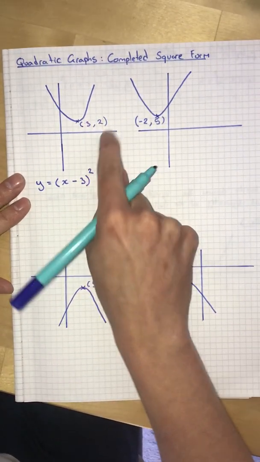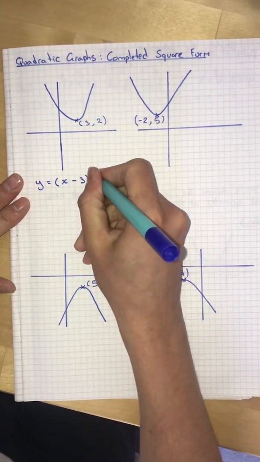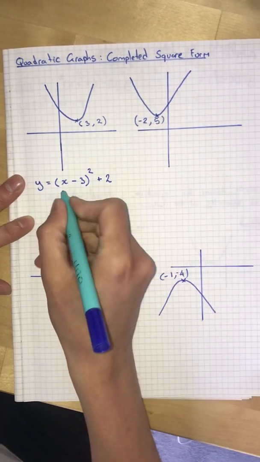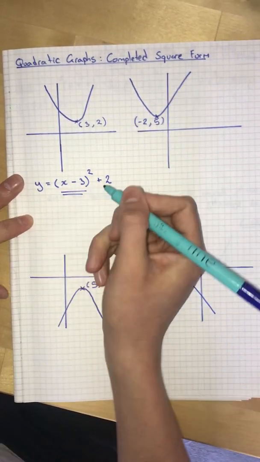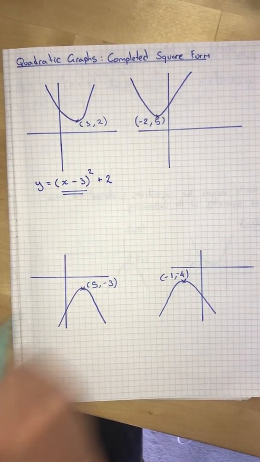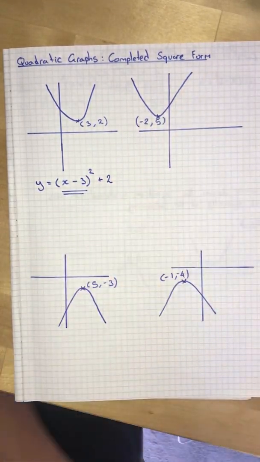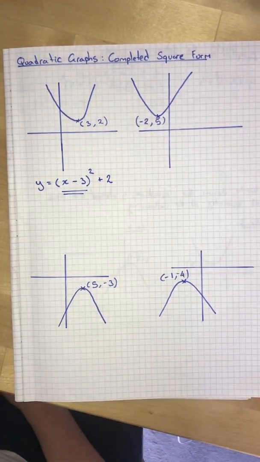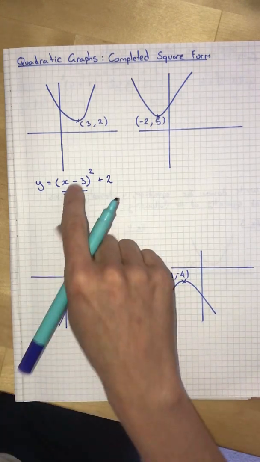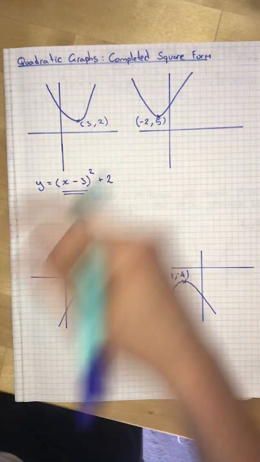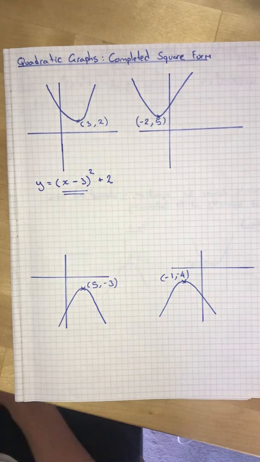And then we've got the y coordinate is 2. And that is the equation of the quadratic in what we call completed square form, okay, which we're going to come to in another video. But what I want you to understand in this video is how to read off a graph, or in reverse, how to sketch a graph from here.